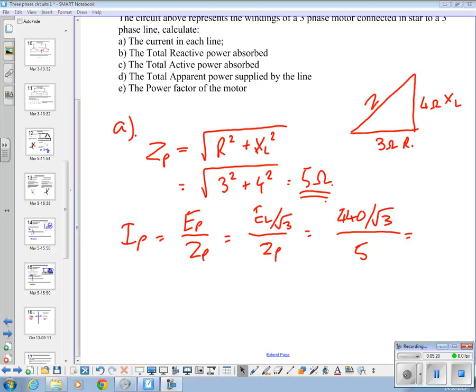We get 50.8 amps. So each phase current in that system, 50.8 amps.